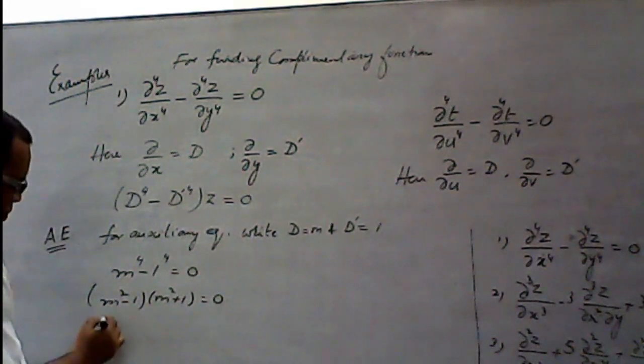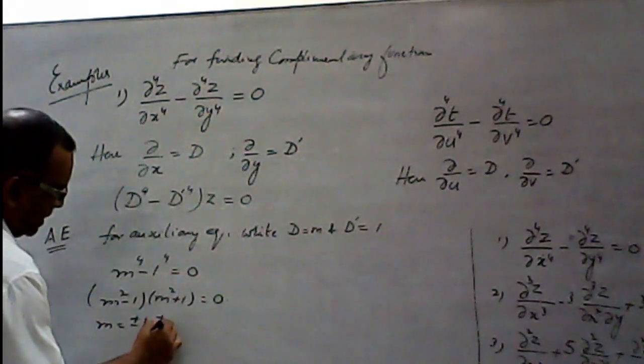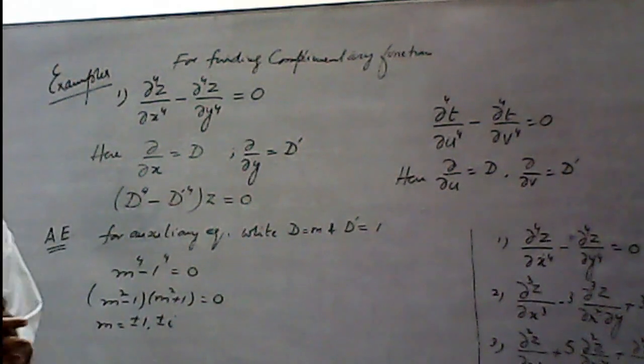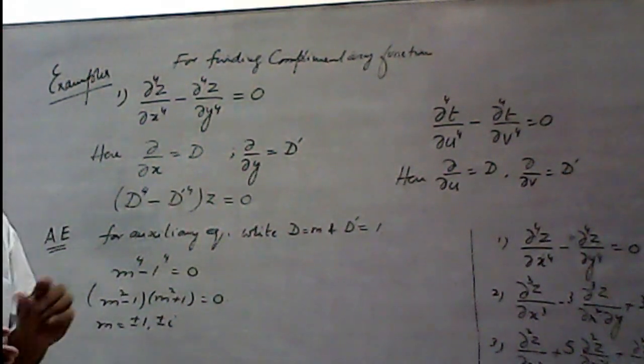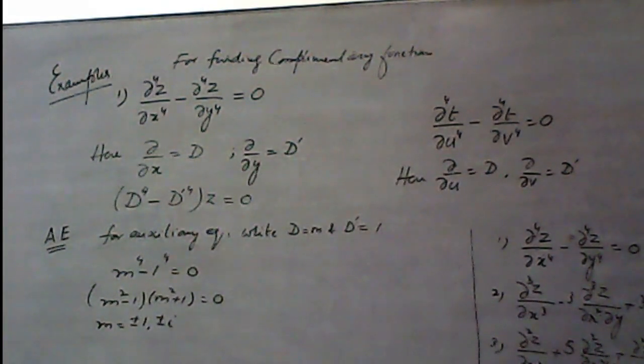So here the roots will be m equal to plus minus 1 and plus minus iota. These are the 4 roots. And here also we have the same 3 types of roots as we discussed in higher order ODE.